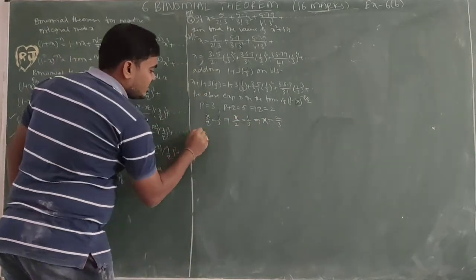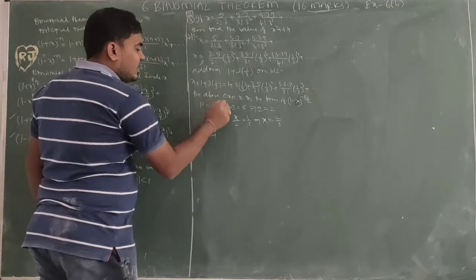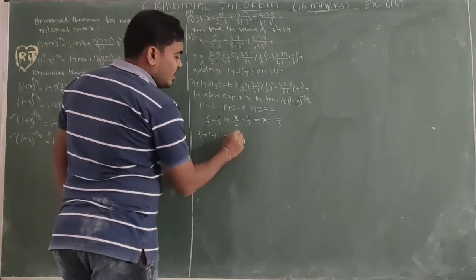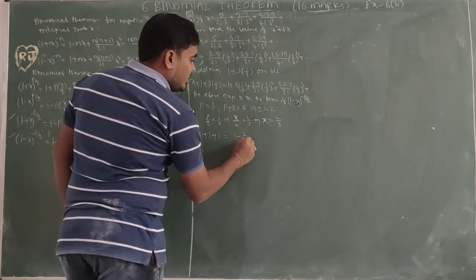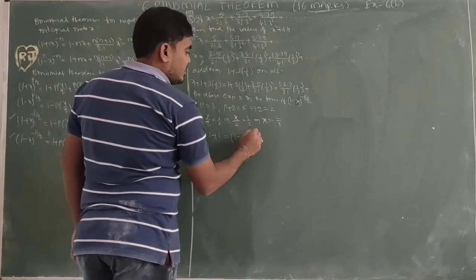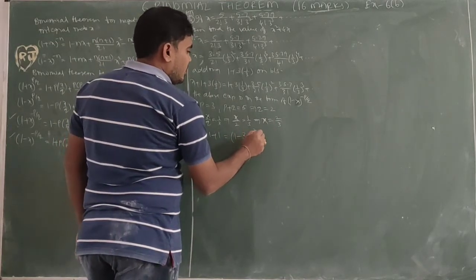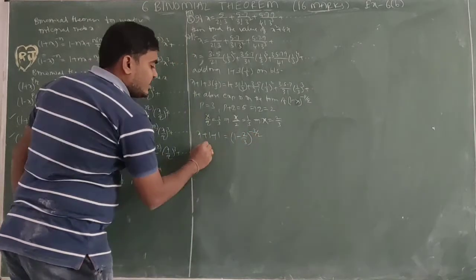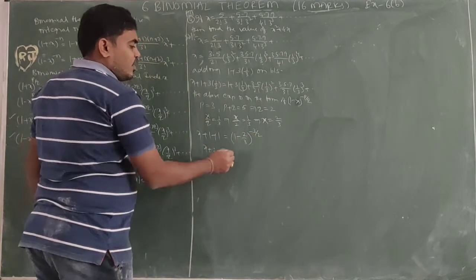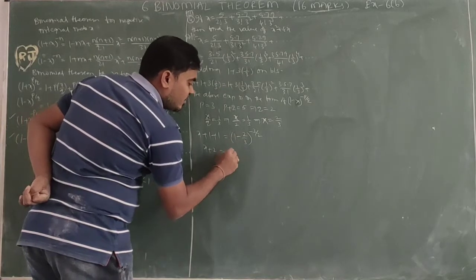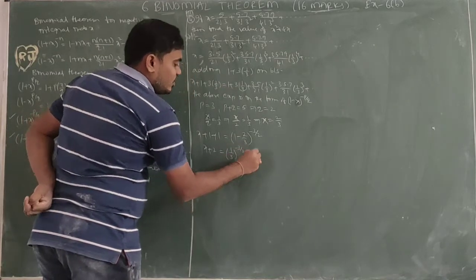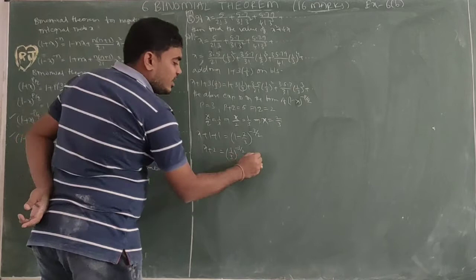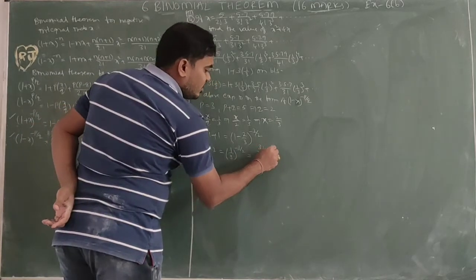Next, x plus 1. 3 cancel, again 1 minus X, 2 by 3 whole power minus p by q, 3 by 2. So x plus 2 equals 1 minus 2 by 3, equals 1 by 3 whole power minus 3 by 2. So the power is negative, we take the reciprocal, 3 power 3 by 2.